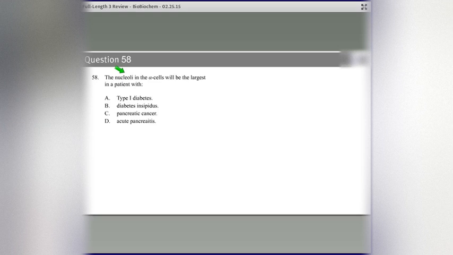I see we have a prediction already. So one of the things that you'll note here is that we are going to get tons and tons of our protein. We're going to get tons and tons of our glucagon because the nucleoli are going to be responsible for producing those ribosomes. There you go, Molly.